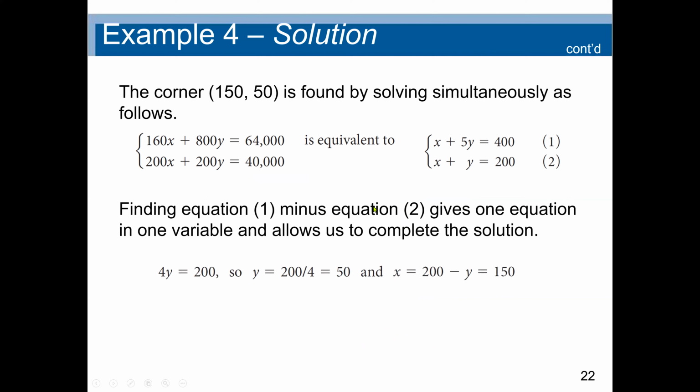Equation 1 minus equation 2 gives one equation in one variable, which allows us to complete the solution. So here we have 4y equals 200, so y is 200 divided by 4, which is 50. Also x equals 200 minus y, which gives me 150.